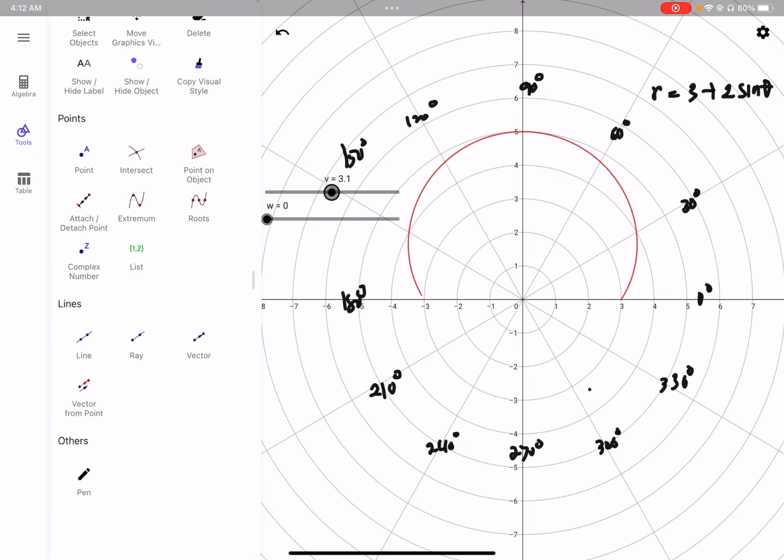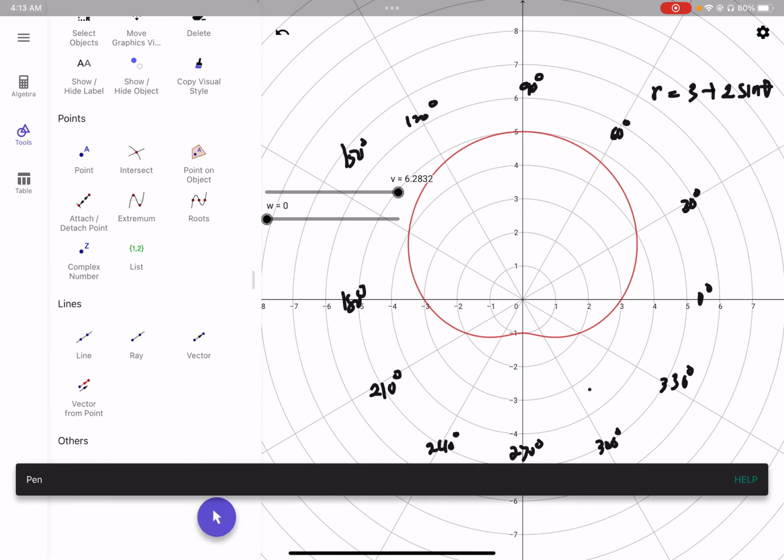The left hand side for 180 degrees is positive, and the right hand side from the pole, or the origin, would be negative. But since we're talking about 180 degrees, the angular position, that makes it a positive 3 at the left side. If we continue until 360 degrees, it will form a limacon.